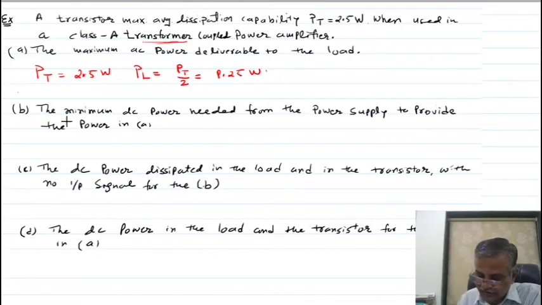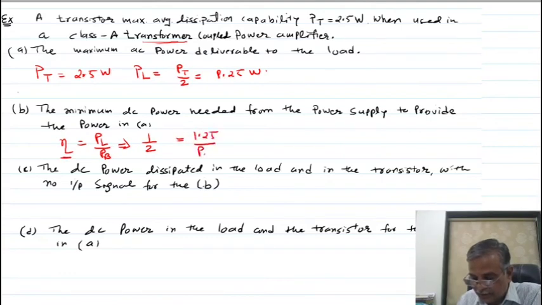Second, the minimum DC power required from the power supply to provide the power in A. Efficiency is nothing but PL by PB. Here the efficiency is 50%, so eta is 1 by 2. This is 1.25 and this is your PB, so PB is 2.5 watt.